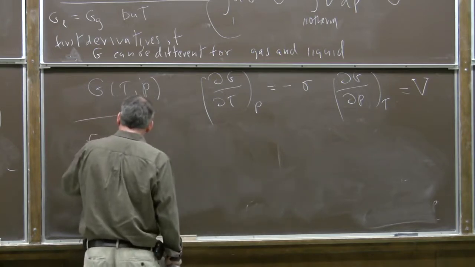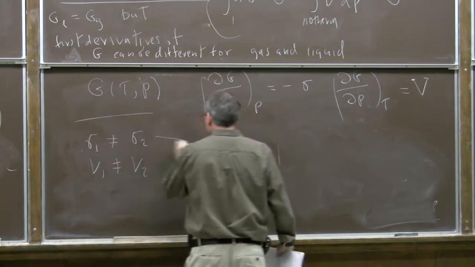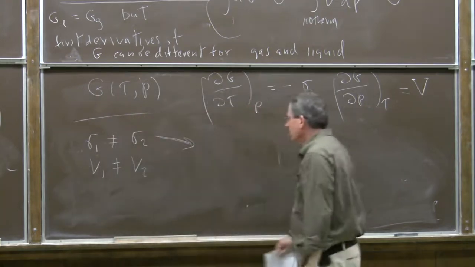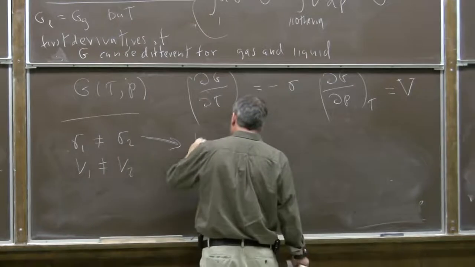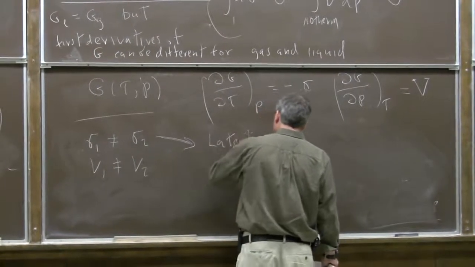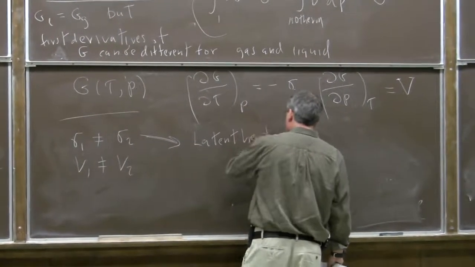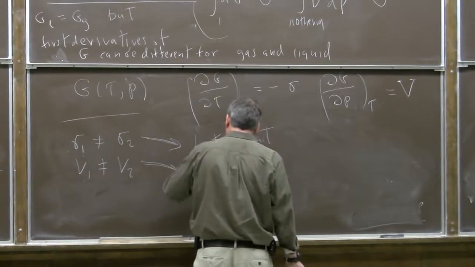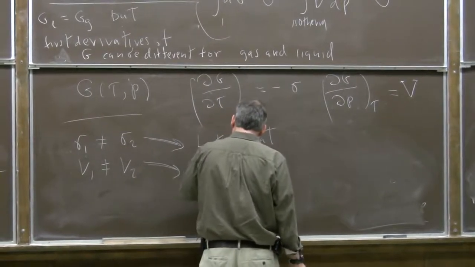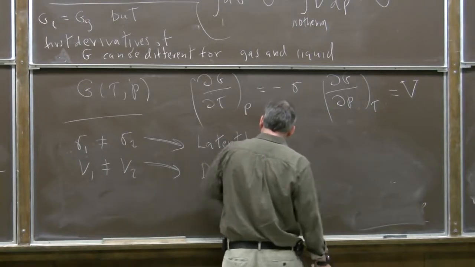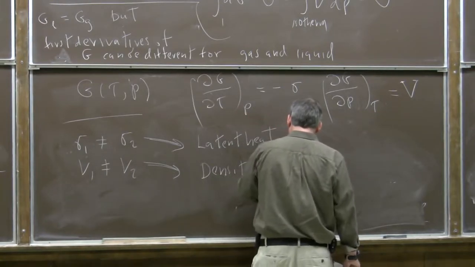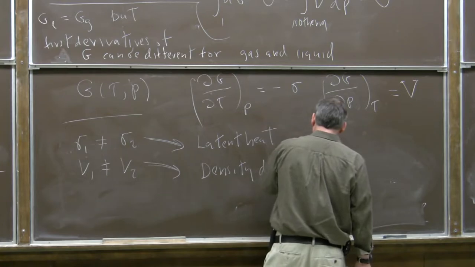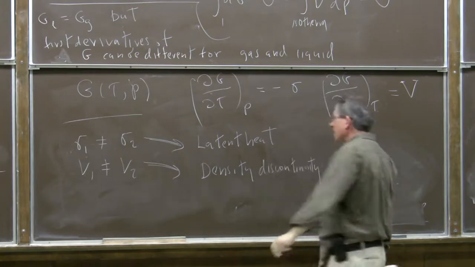V1 doesn't have to be equal to V2. The entropy per particle is different in particular, so there's latent heat in the transition. The volume per particle is different, so there's a density discontinuity. In particular, the liquid is more dense than the gas.